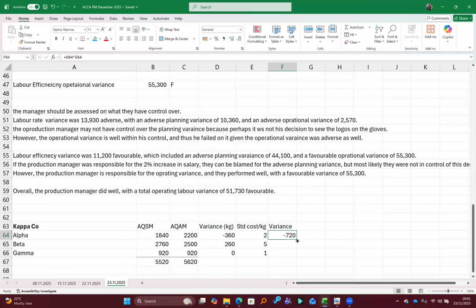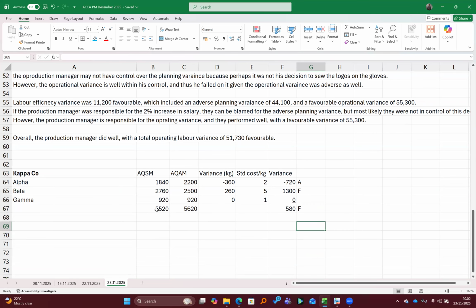So that gives us these variances. When you add them, this one is adverse because we used more. This one is favorable because we used less. This one has no variance, so we can leave it alone. Since the favorable one is higher than the adverse, the total is favorable.